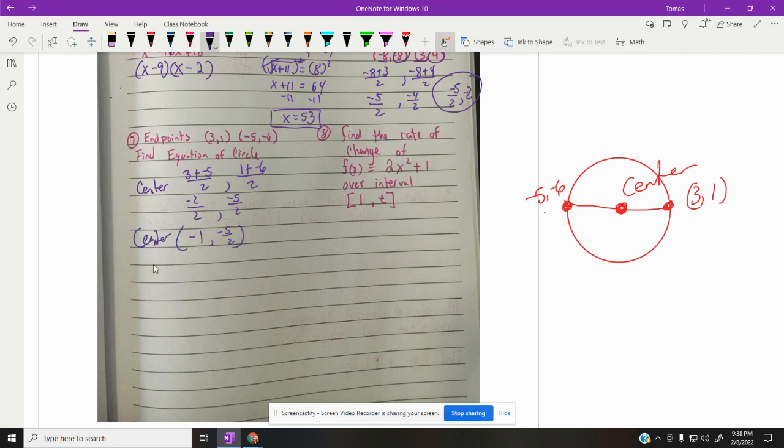Now, once we do that, our radius is from one of the endpoints to the center. That's our radius. And to figure that out, we need to use the distance formula. So now I'm going to use the distance formula for r, which would be, whoops, I forgot the plus.